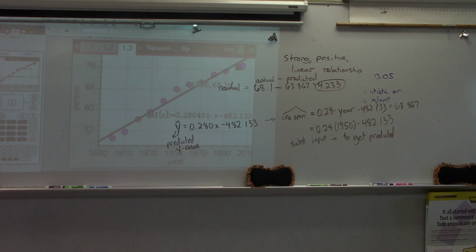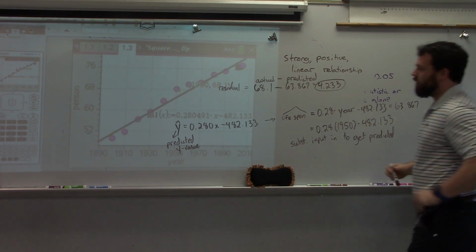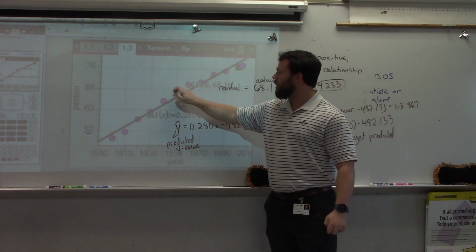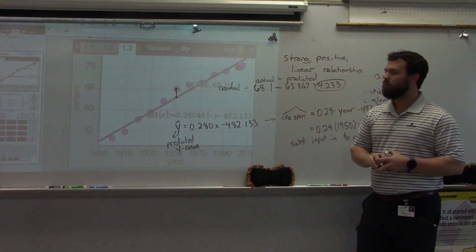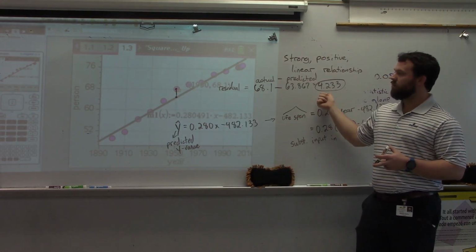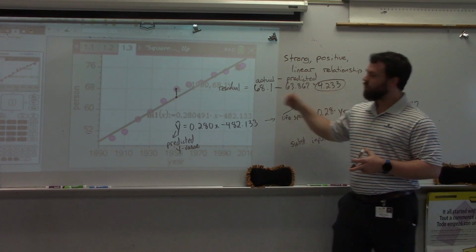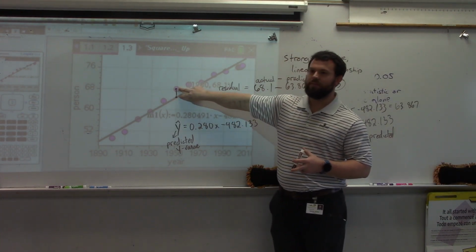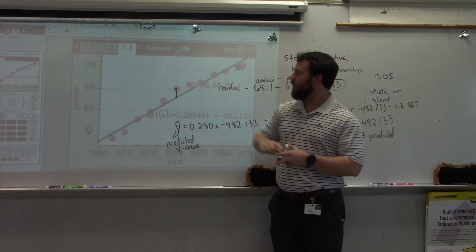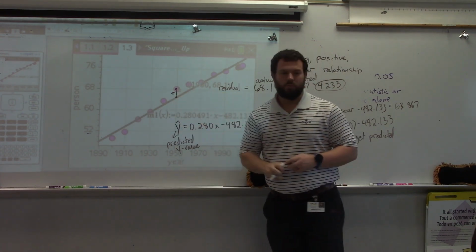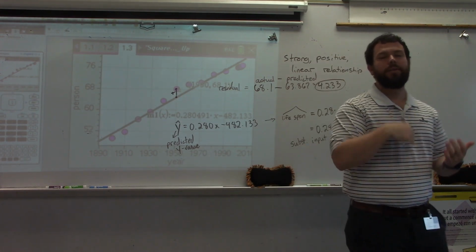Now, two things I need you to look at with these notes. If a data point is above the regression line, would the value of the residual be positive or negative? It would be positive. When it's above, it's positive, which means our regression line underestimated.